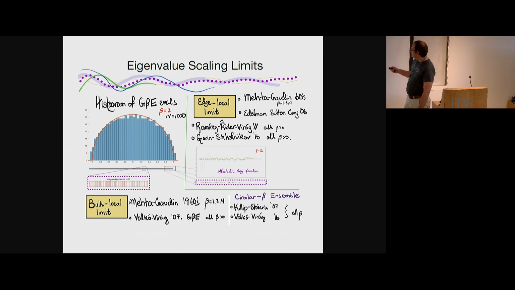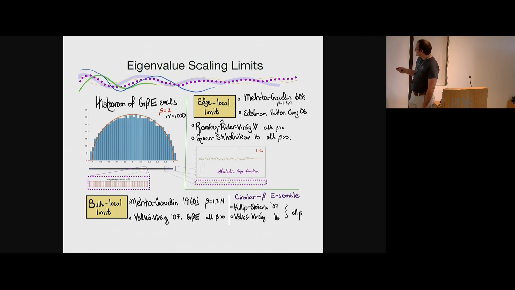There's also an edge theory. So we haven't heard so much about that, and the edge is going to play a bigger role in this talk because it's a big feature of the Gaussian beta ensemble. And it follows the same sort of picture that in beta 1, 2, and 4 you can take limits of the Pfaffian and determinantal representations and get some kind of description of the point process.